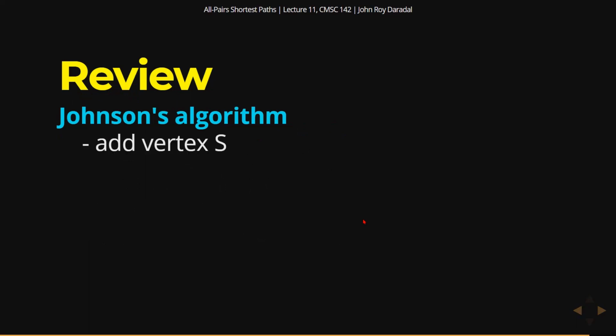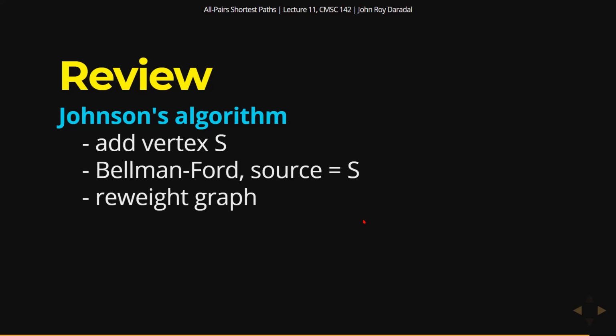And then for Johnson's, what we did was we added a vertex S, and then added an edge from S to all other vertices with weight 0, and then ran Bellman-Ford using S as the source, and then used those shortest path lengths as the scores for the reweighting. After that, you'll use the reweighted graph and run Dijkstra's algorithm n times, one for each vertex as the source.